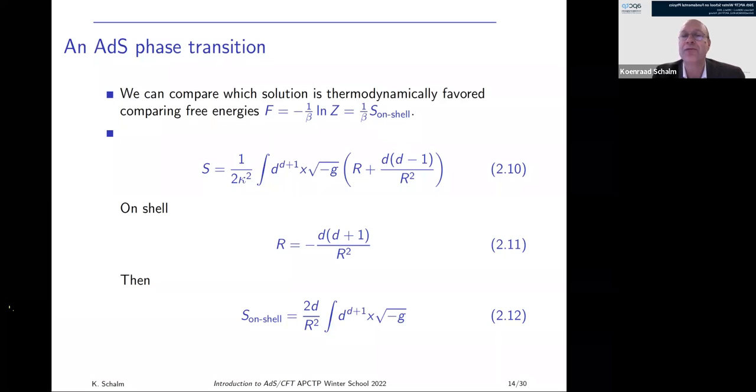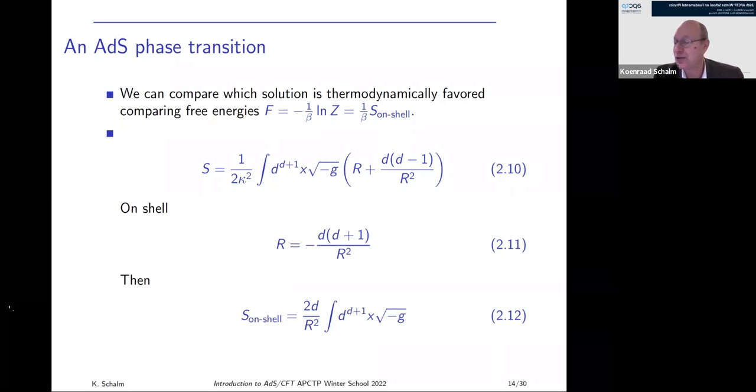So to understand which solution is thermodynamically favored, we should compute the value of the on-shell action for both, and determine which one has the lower value. That's the one that's thermodynamically favored. This is not so hard because we're studying pure gravity. This is the action for pure gravity, and I realize I have a small notational issue: this R is the Ricci tensor, and this R is the AdS radius.